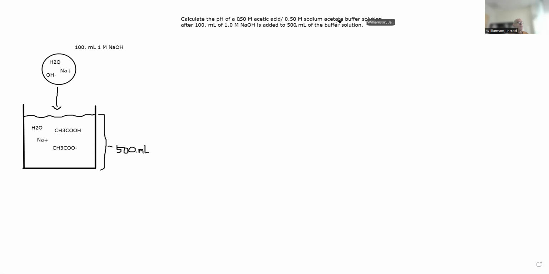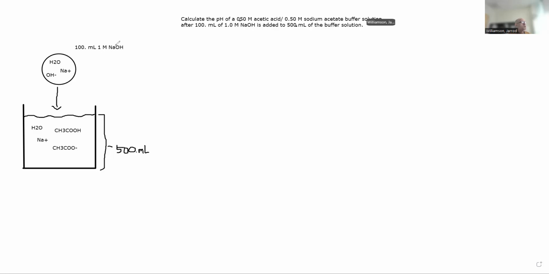All right. Now, when we drop in 100 mils of sodium hydroxide, and it's 1 molar, what are we dropping in there? Here's my little circle here represents the 100 mils of 1 molar sodium hydroxide. That should be 1.0, but whatever. What's in there? It's mostly water. And sodium hydroxide separates into sodium ions and hydroxide ions.